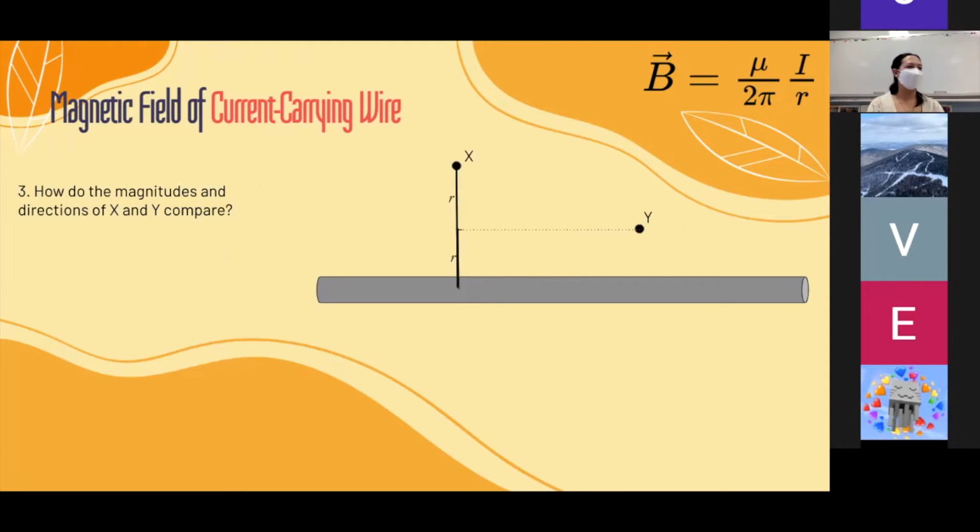How about this one? How do the magnitudes and directions of X and Y compare to each other? Let's start with the magnitude first. Which one has the stronger magnetic field, X or Y? If X is farther away, do you think it has more or less field? Probably less, because it's farther away from the source.